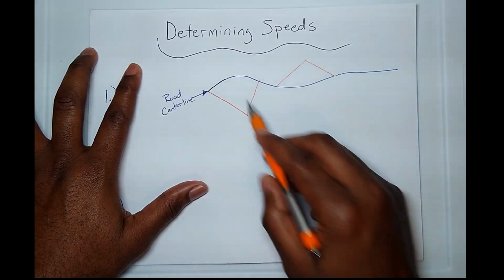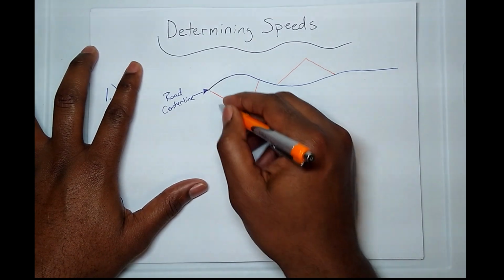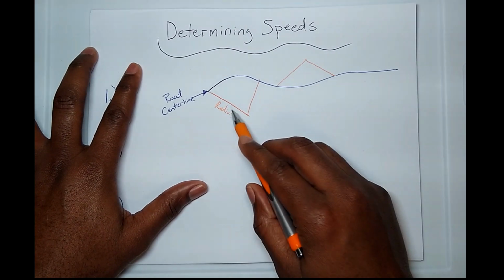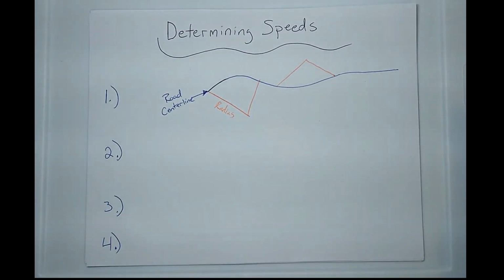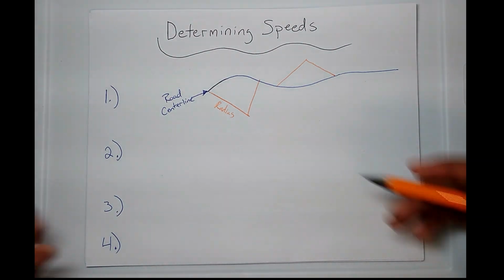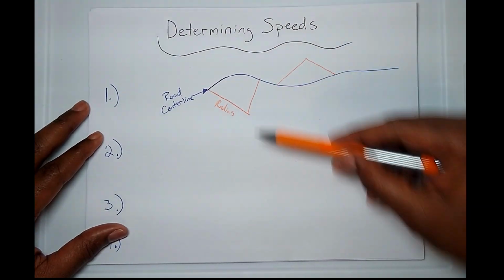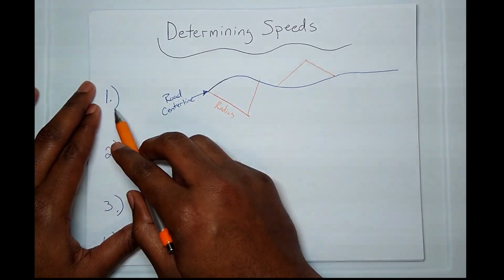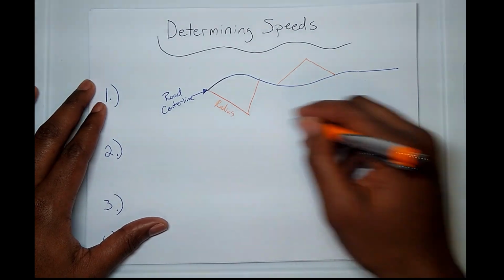Each one of these curves has an associated radius. And if that radius can't be changed, if it's set in stone, just based on the amount of spacing that one may have, you must use that radius. Then the radius can be one of the things used to determine the speed.